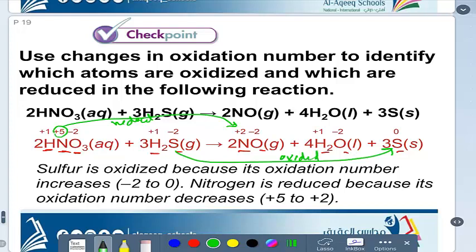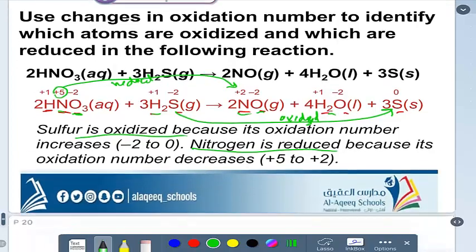What does it mean? It means sulfur, because it's oxidized, is a reducing agent, and nitrogen is reduced, so it's the oxidizing agent. What about others? No change in hydrogen or oxygen on both sides of the reaction. This is the answer of this question.